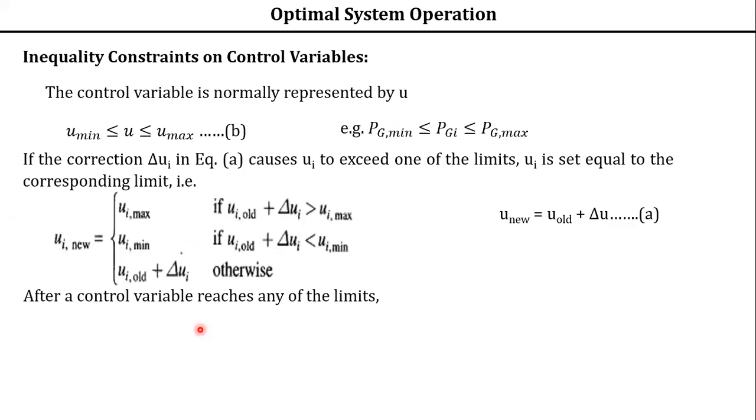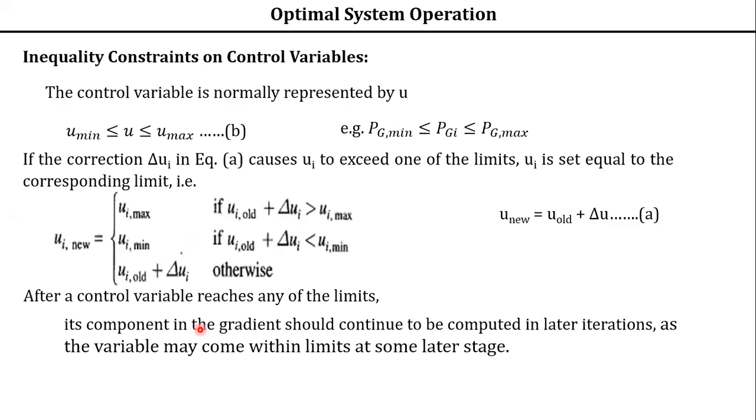After a control variable reaches any of the limits, its components in the gradient should continue to be computed. See, this is an important point. Suppose it has reached the maximum limit, the value will be clamped to the maximum value, but don't stop at that point.